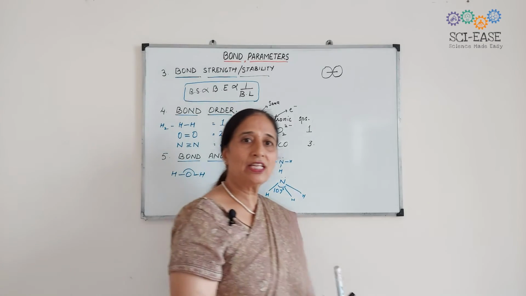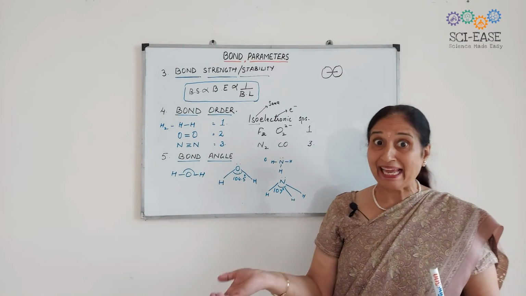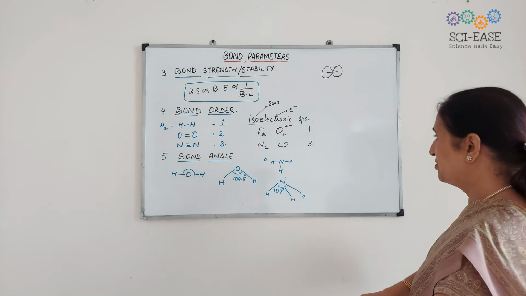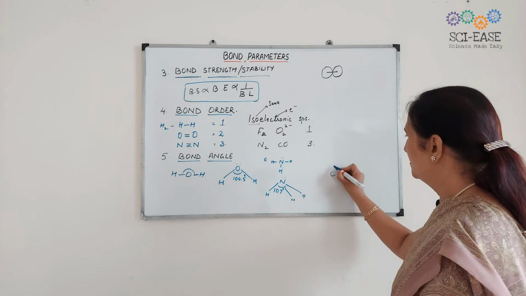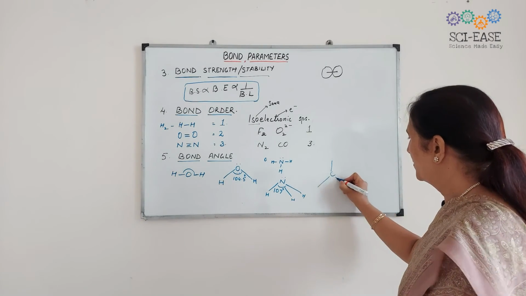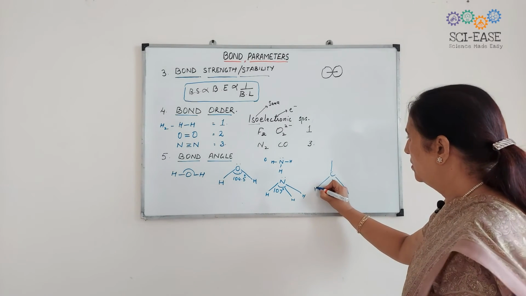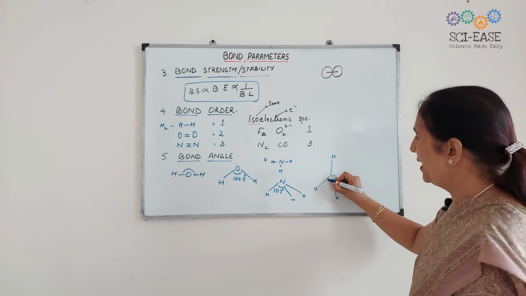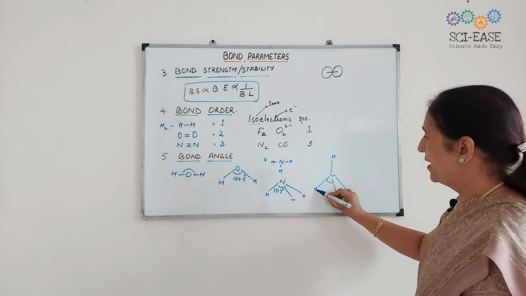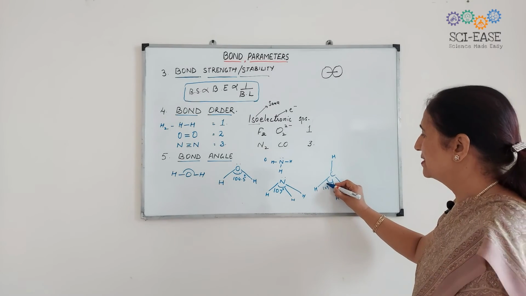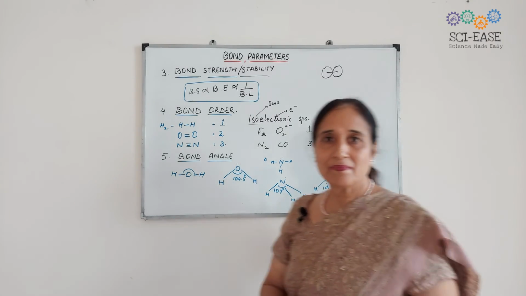You can take the case of methane, where the structure is tetrahedral. What is the bond angle? Here, HCH, it is 109 degrees 28 minutes.